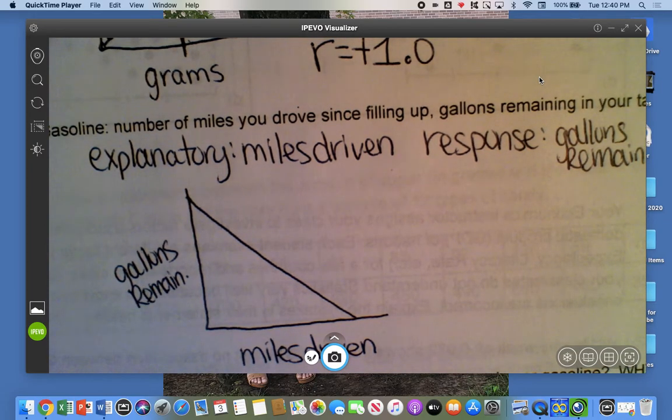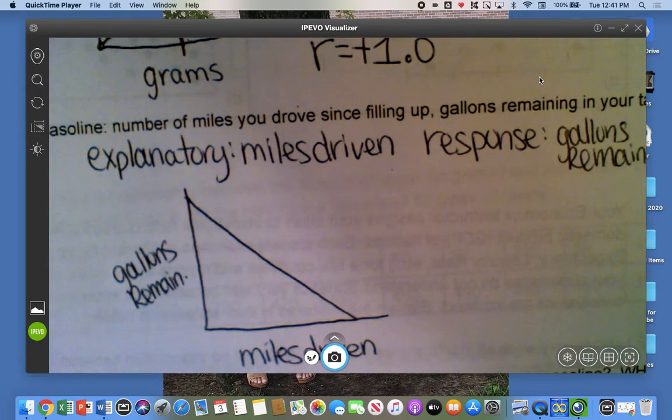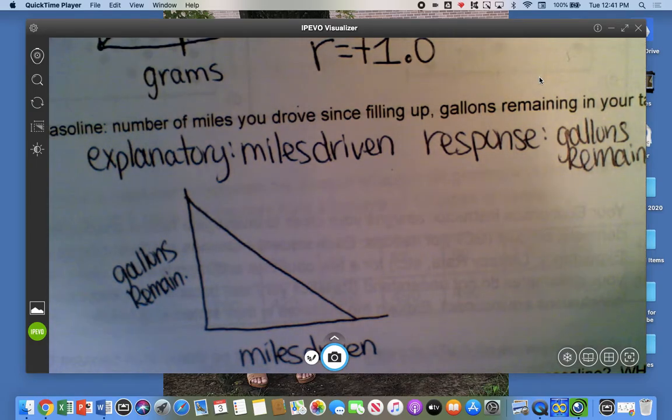Now on this one, you can have a little bit of scatter. What would be some reasons why you're not going to have perfect answers? If you're driving on the highway or in town. Okay. Speed you're going. All right, so a car, depending on if you're driving on the highway or in town, gets different gas mileage.